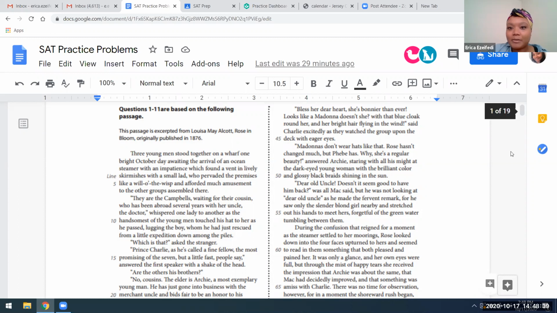The reason is that when you isolate and just look at the lines they're indicating, the main point of what he's speaking about is Phoebe. So yes, he mentions Madonnas wearing hats and he mentions Rose hasn't changed much, but Phoebe has. Why? She's a regular beauty. So most of what he's focused on is Phoebe and how she's beautiful.